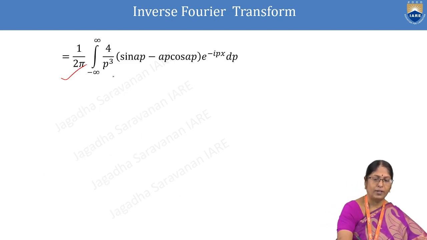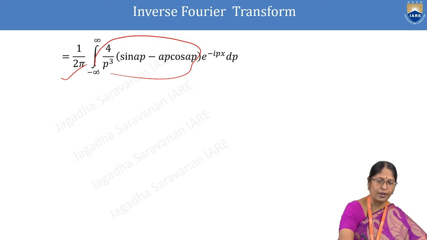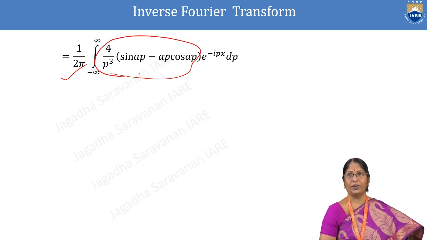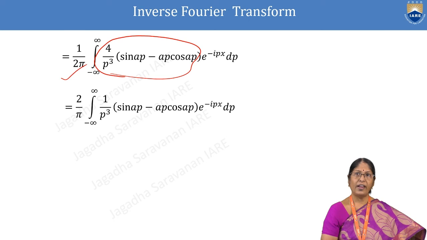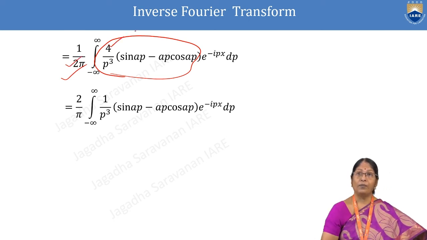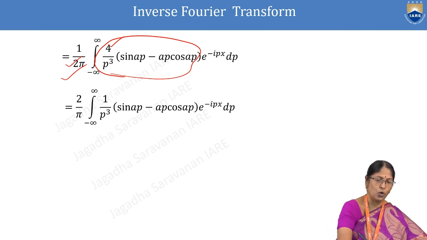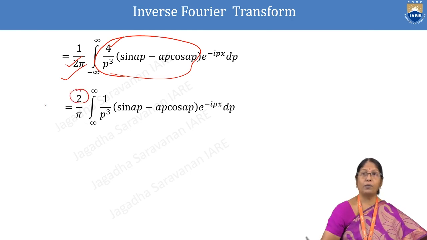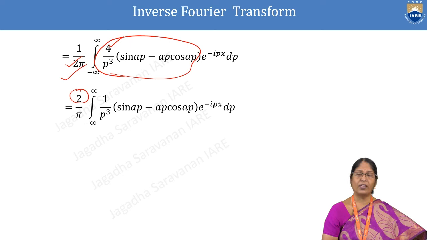The Fourier transform is placed here. This 2 and 4 are getting cancelled, the 4 by 2 has become 2. Remaining everything we wrote as it is.